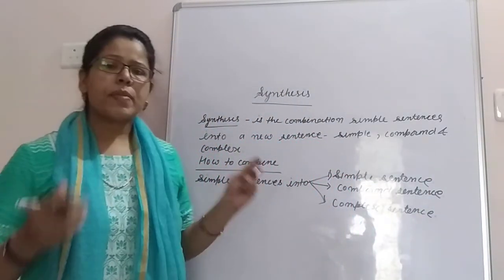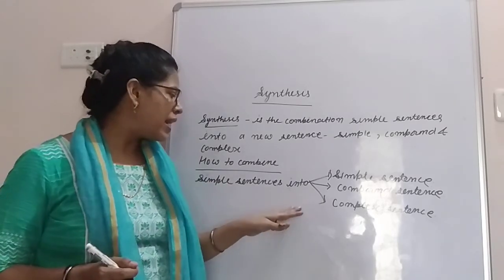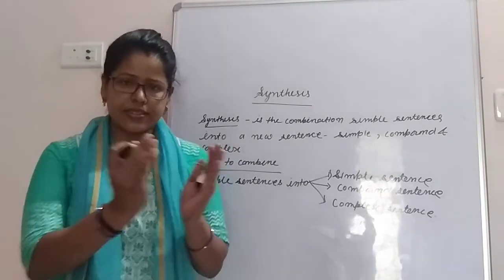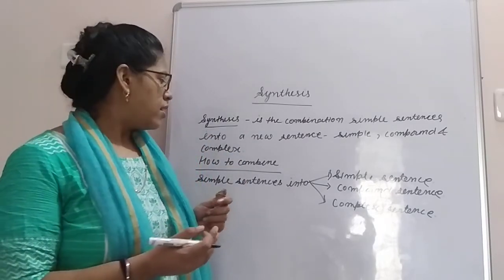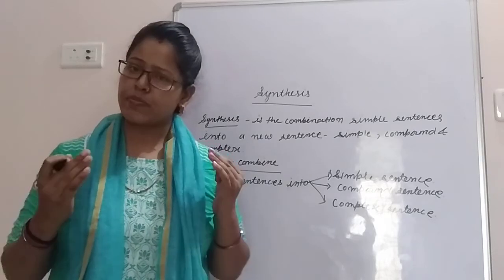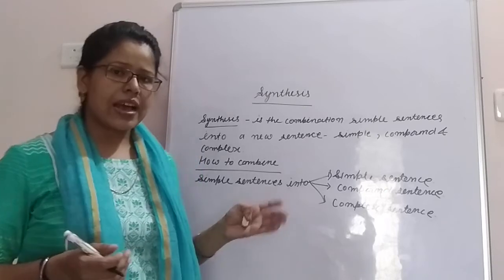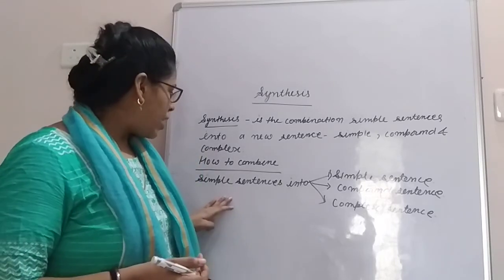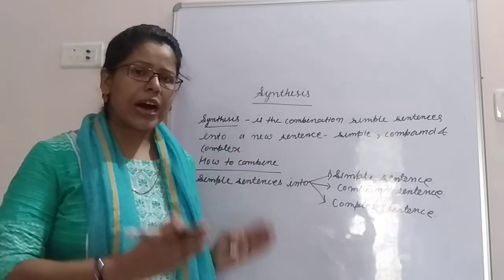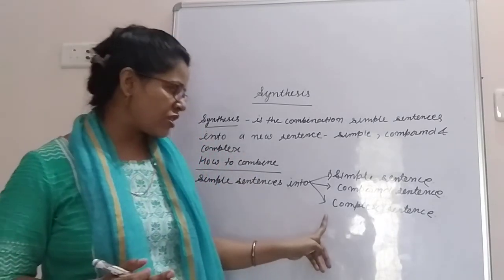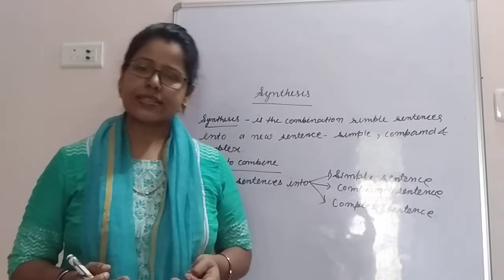Okay. So basically we have to study here how to combine these simple sentences, a number of simple sentences. With the help of a number of simple sentences, we have to make one new simple sentence, and also we have to learn how to combine simple sentences into one new compound sentence, and third we have to study how to combine simple sentences into complex sentence.